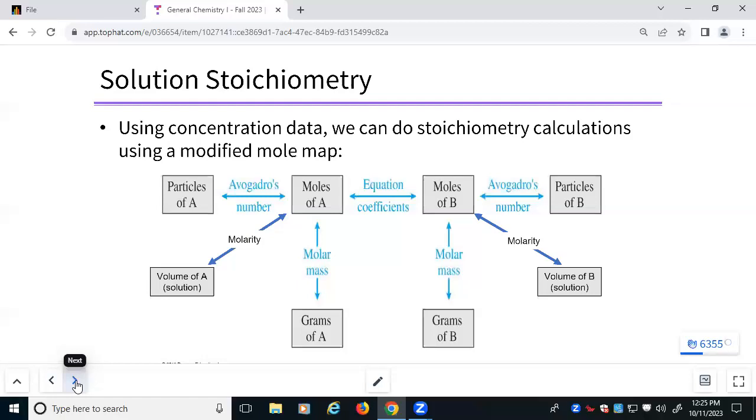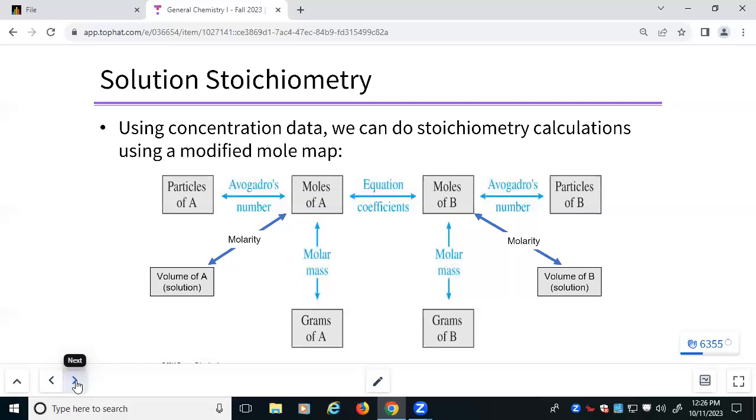The problem that we run into with solutions is that particles don't make any sense inside of a solution. No easy way to count them. Grams don't make a whole lot of sense inside of a solution because we're usually interested in the solute, but the majority of the mass of the solution is water. And so we'd have really no good way of linking those two ideas together very easily.